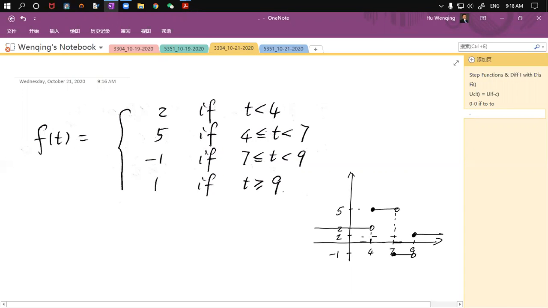So this is actually a typical piecewise function, and you want to write it as a linear combination of unit step functions. So what should we do?